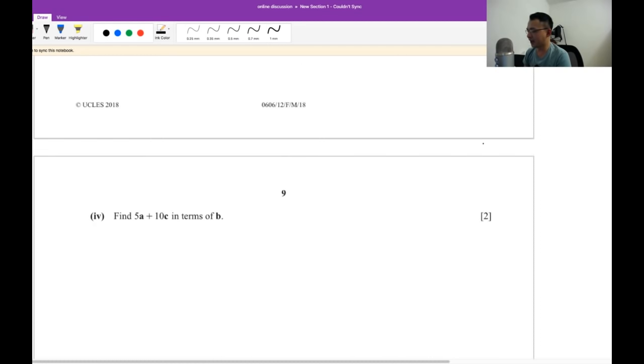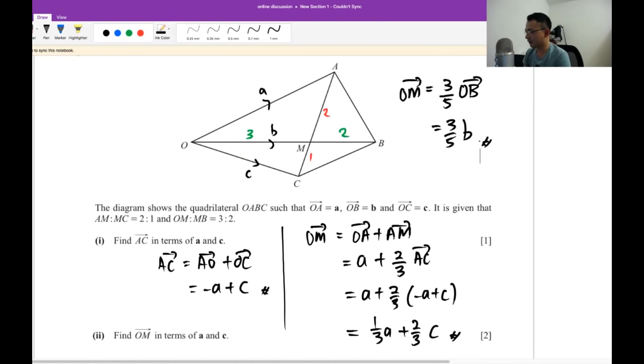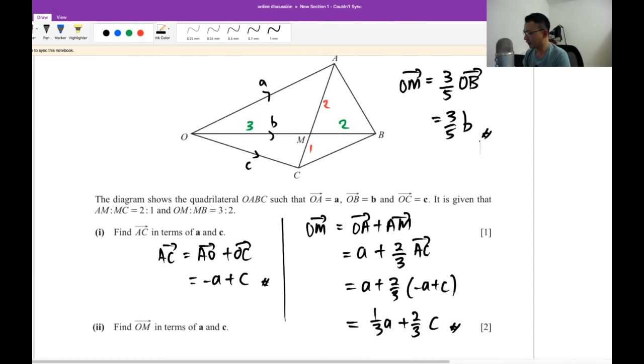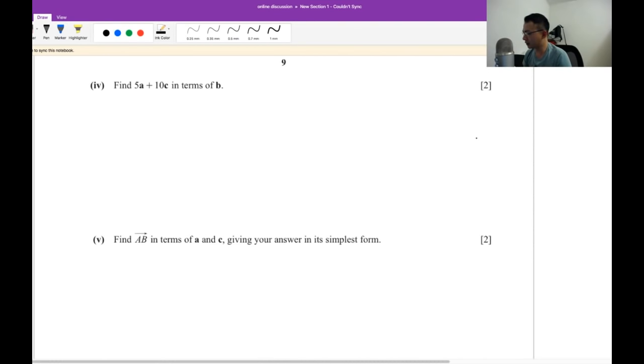Okay, 5A plus 10C. What does it mean? What does the question want in terms of B?